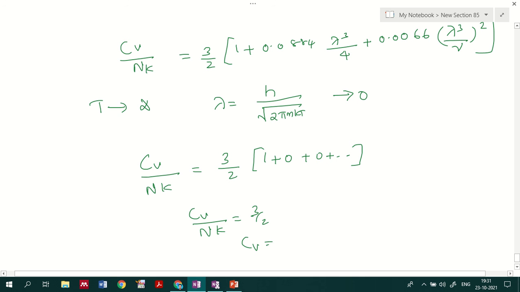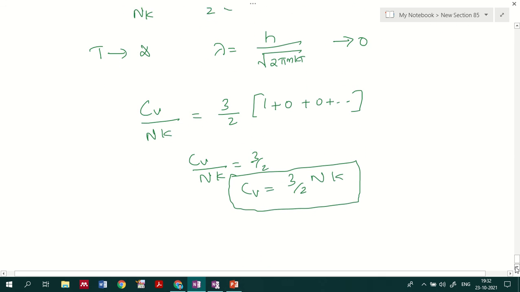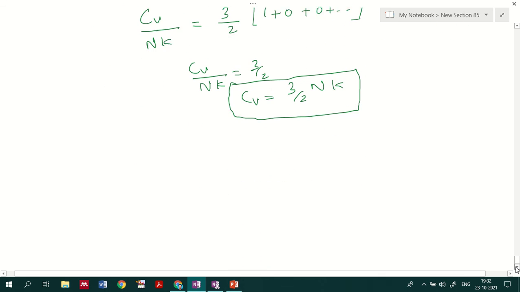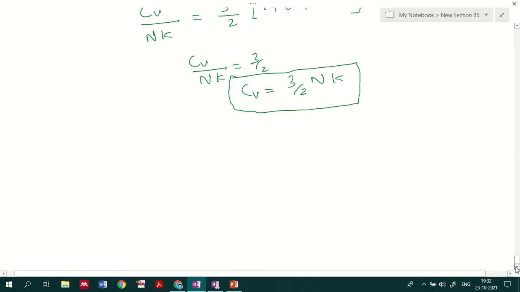So that means Cv equals 3 by 2 Nk. So this is a representation of specific heat capacity in an ideal Bose system. This is the scenario in the high temperature case. So at high temperature, the specific heat capacity will be Cv equal to 3 by 2 Nk.